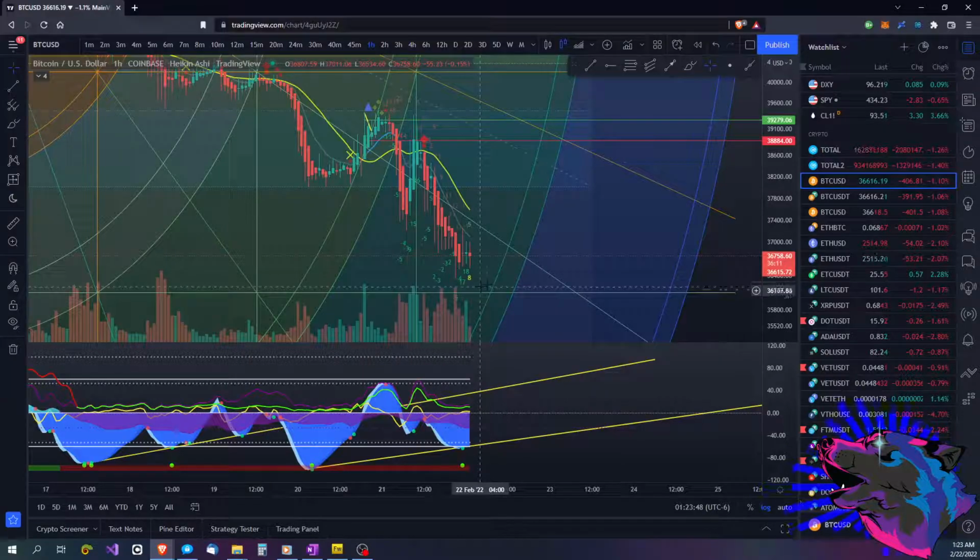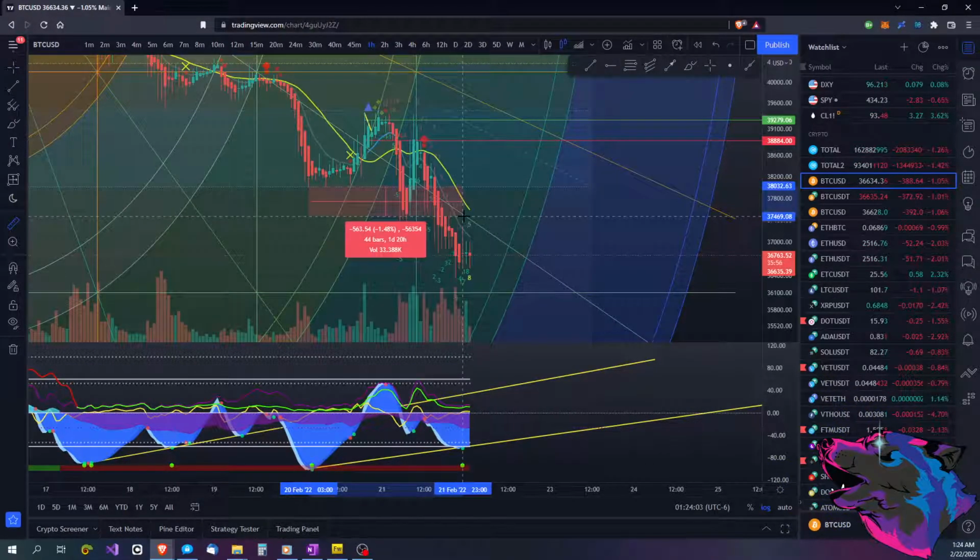But if it does come down here, I'm curious to see if this momentum wave ends up breaking down, which again, if it's above this, you could still kind of call it bullish divergence. The only thing, though, is from here to where our crossover was there, 1 day 20 hours.